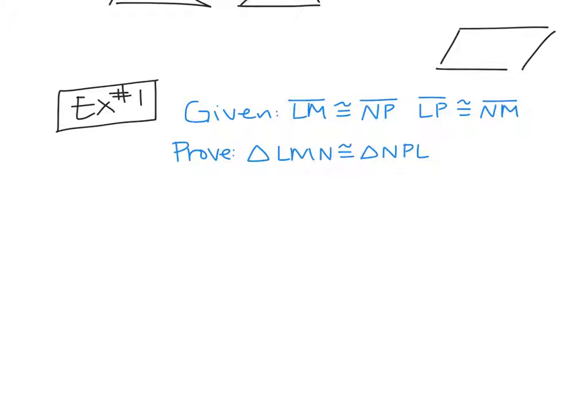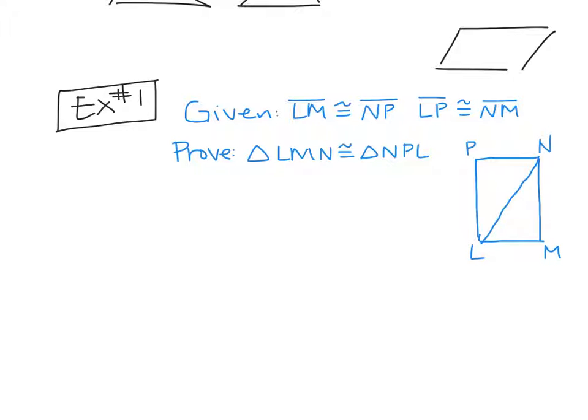Okay, so I'm going to draw you a picture. This is P, N, M, and L. Okay, so my advice to you, most of the time, whatever is given gets marked for you, but just keep in mind, it's a really good idea every time you get a new proof to mark the given information.